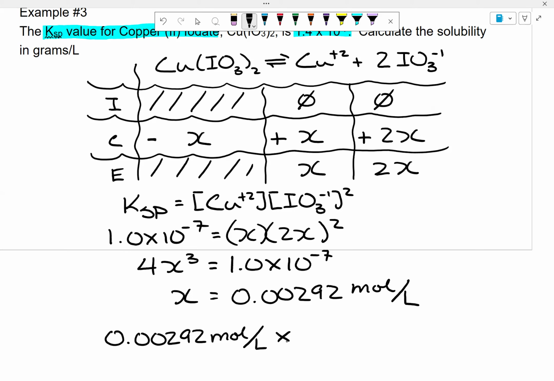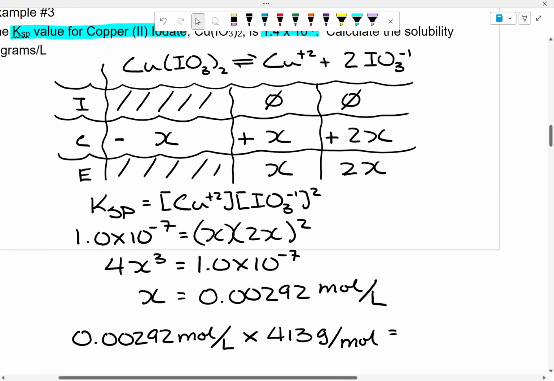So I believe it's 413 grams per mole. And that would give me an answer of 0.00292 times 413, and so that would give me an answer of 1.21 grams per liter.